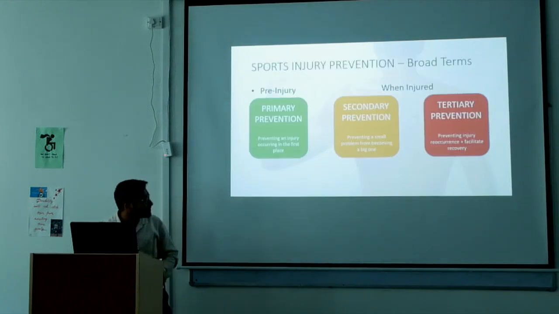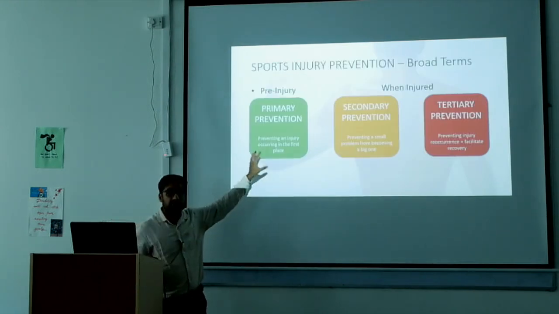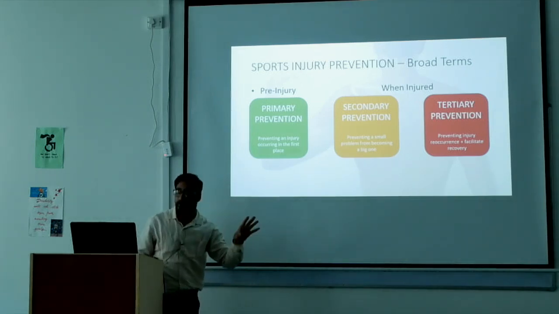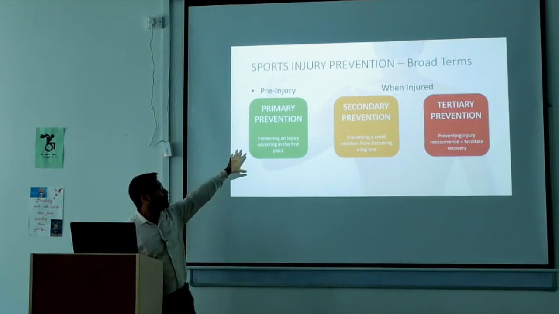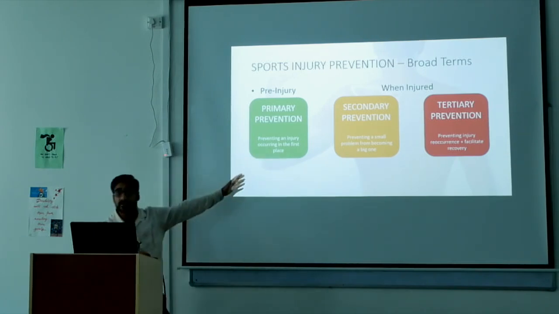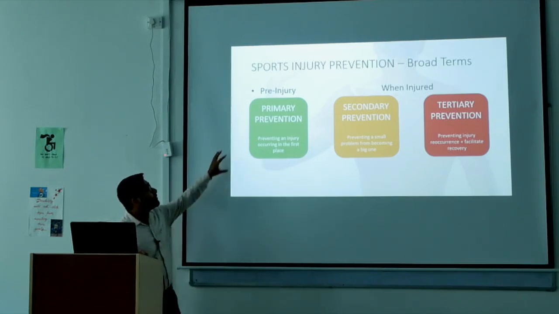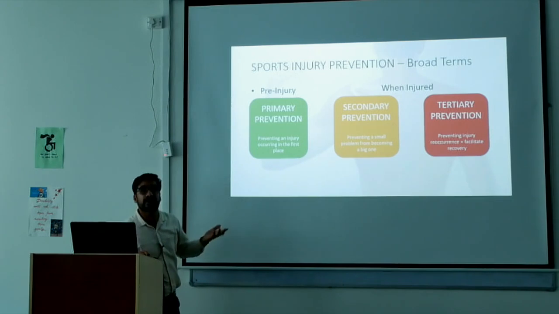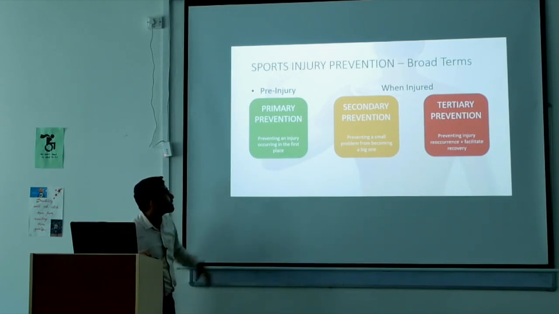So understanding injury prevention, it has three basic components, or it has been classified into three broad terms. First is the primary prevention, second is the secondary prevention, and third one is the tertiary prevention. The primary prevention begins when you are in an uninjured state.